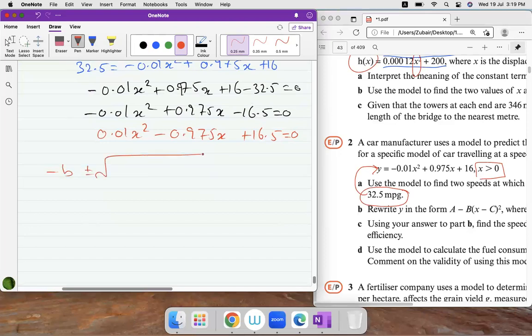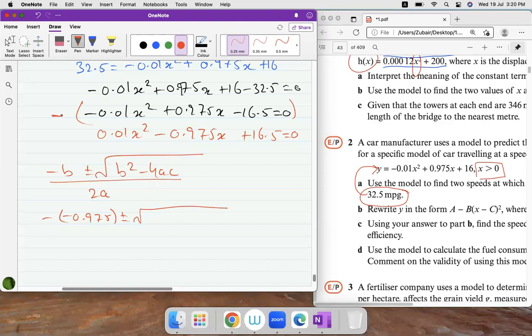Minus b plus minus the square root of b square minus 4ac over 2a. Negative 0.975 plus... So why did we change the sign? It makes no difference. I multiplied by negative just to make x square positive.